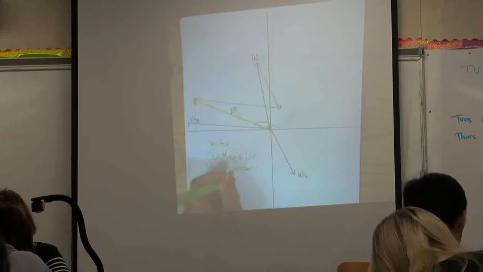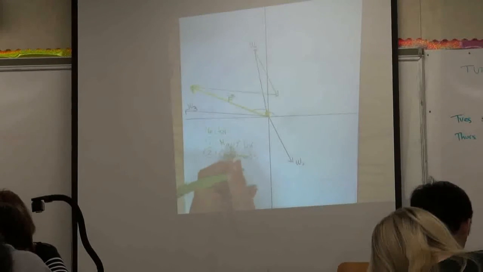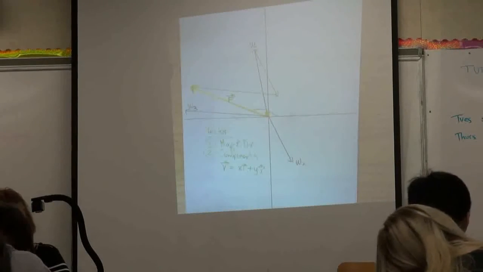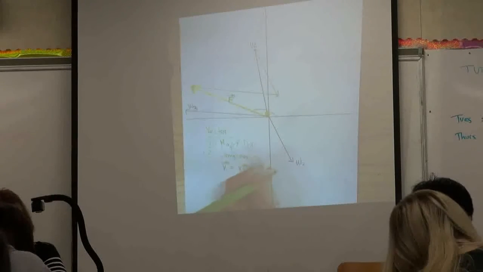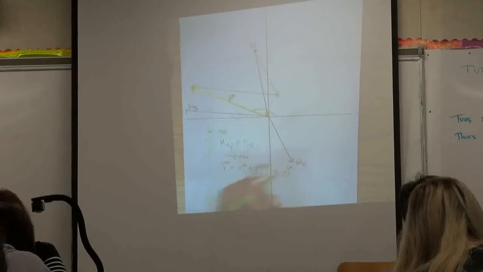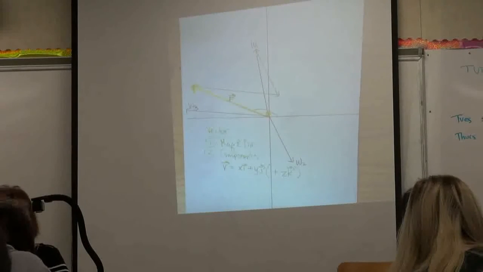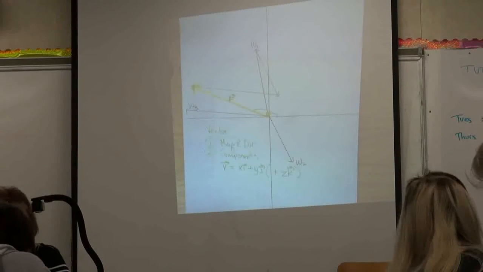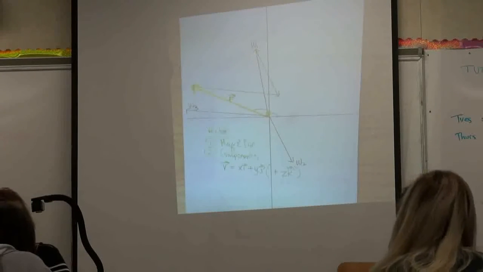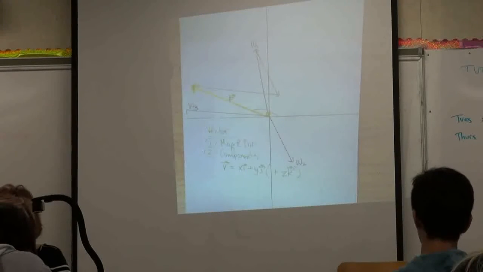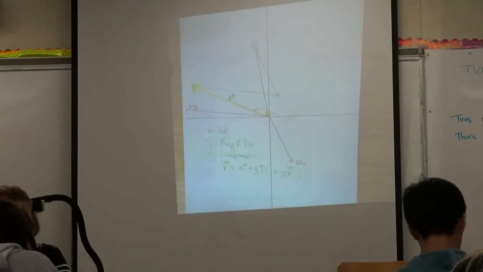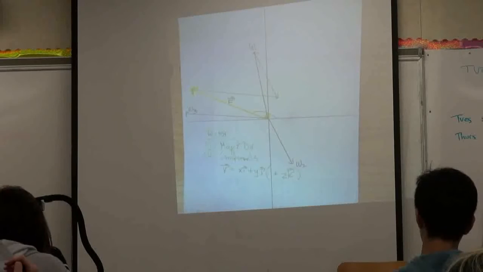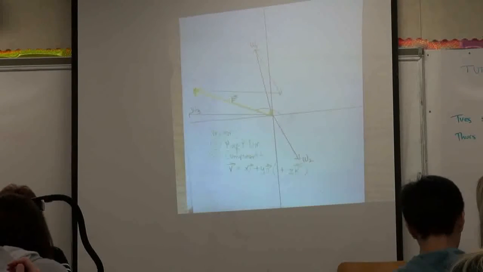When a vector is expressed in terms of components, it is xi plus yj if it's a two-dimensional vector, plus zk if it happens to be a three-dimensional vector. So if we want to find the magnitude and direction of the resultant vector, then we have to change each one of these vectors into their components.